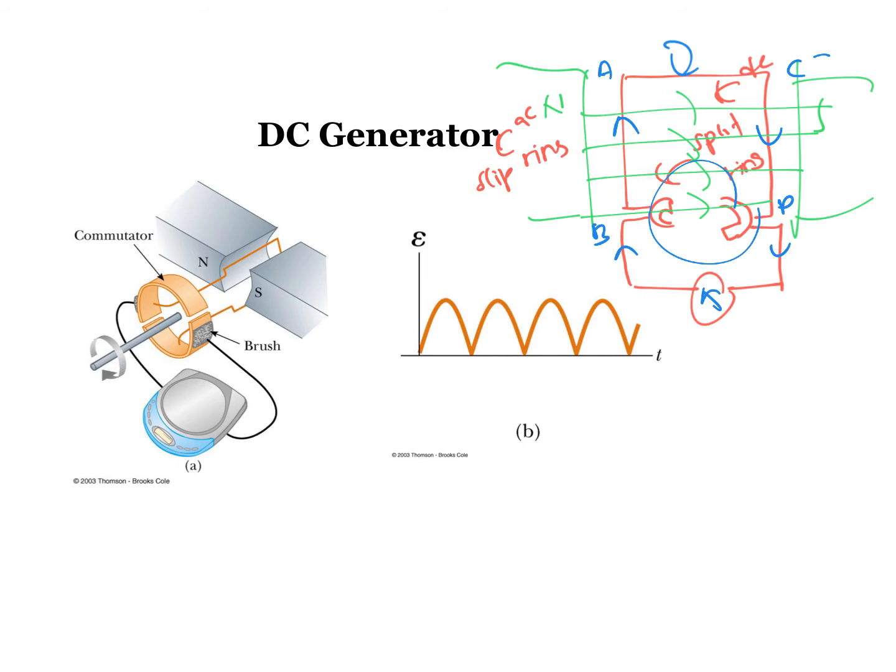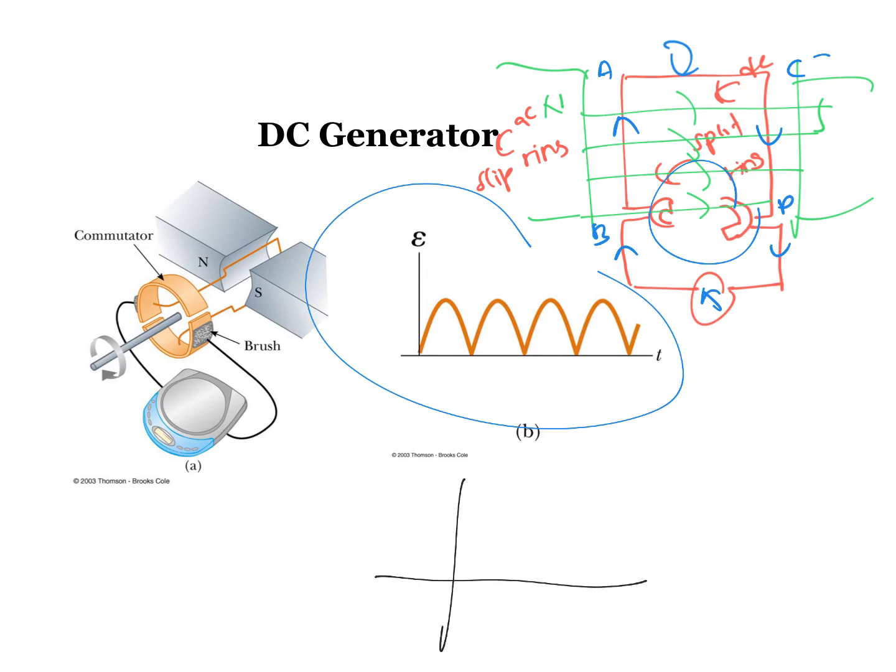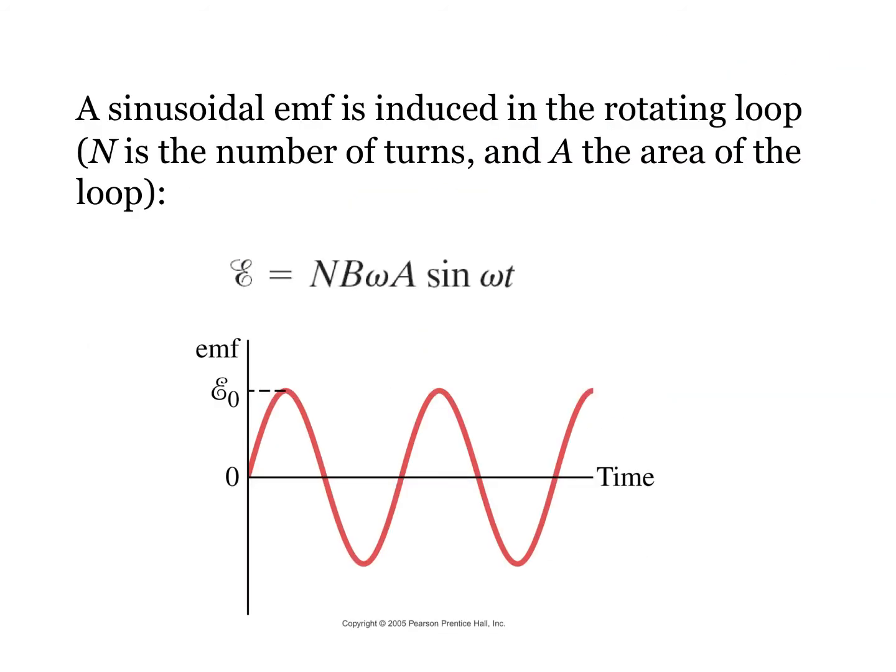So that's the reason why you get the DC generator output in only one direction like this. The graph is going to be like this. However, for the AC generator, you get basically this, EMF against time. So this is the graph for the AC generator.